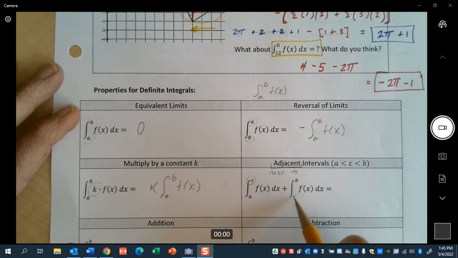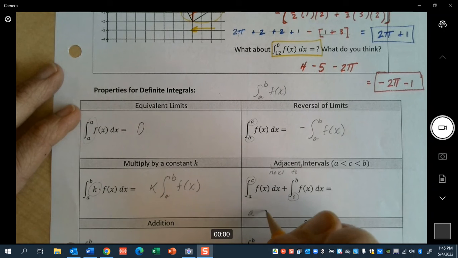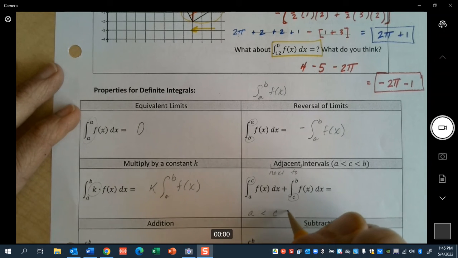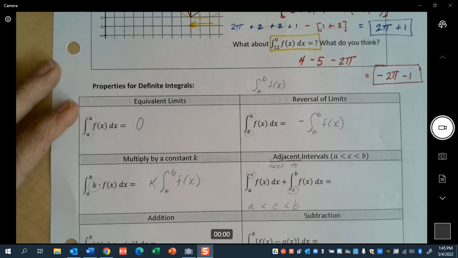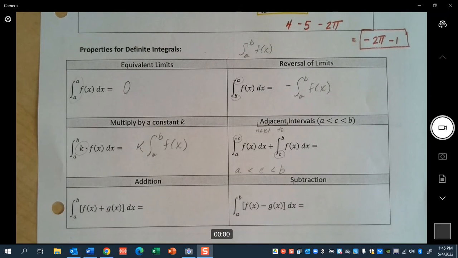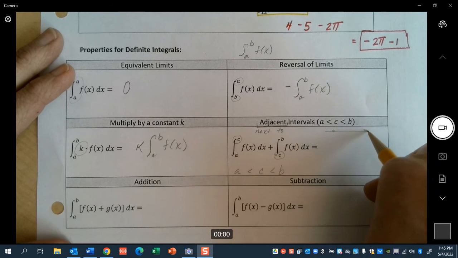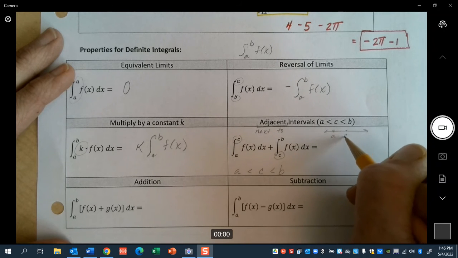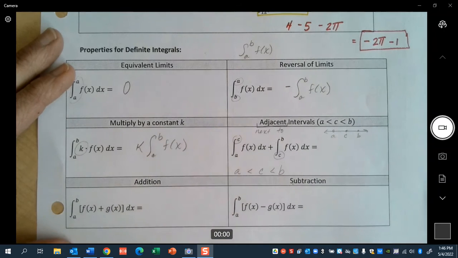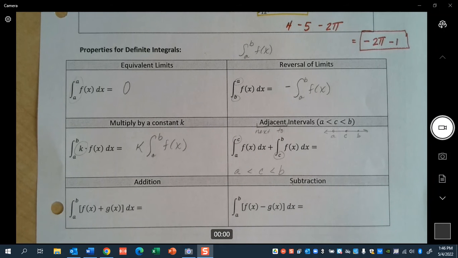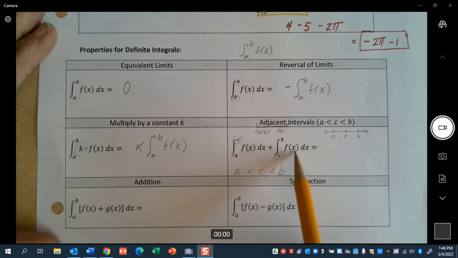And we can see here that A is less than C, which is less than B. C is between A and B. So if we talked about them on a number line, when we're talking about those intervals that are adjacent, no points are left out from A to C and then from C to B of this same function.